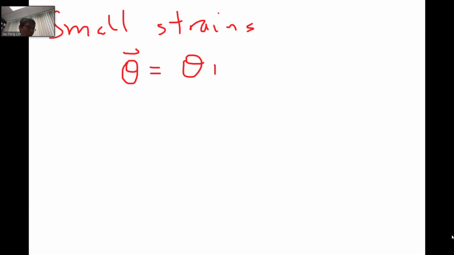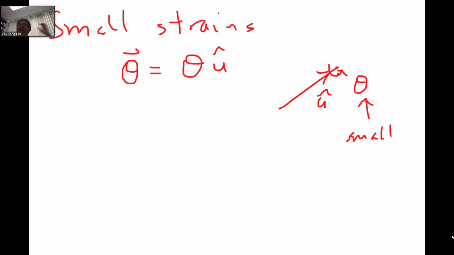In the direction that may be denoted by, the book uses u hat. So if this is u hat and you rotate it the right-hand rule way, so you turn the screw in the advancement of u hat by an angle theta, this would be small. All right. Then you can ask, what is my matrix of partial derivatives?